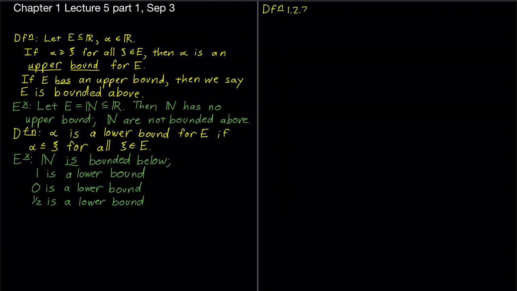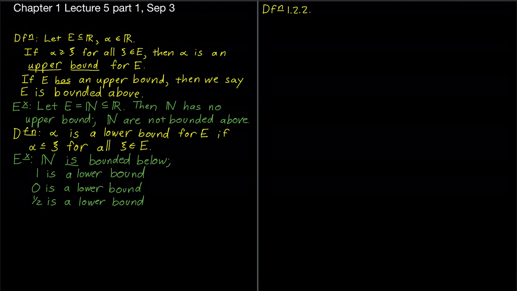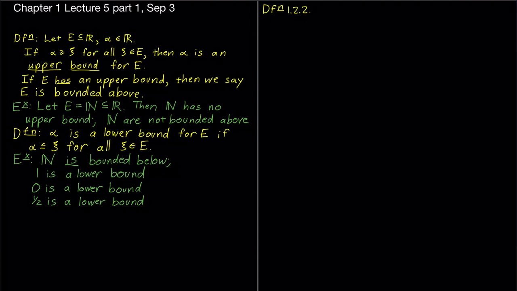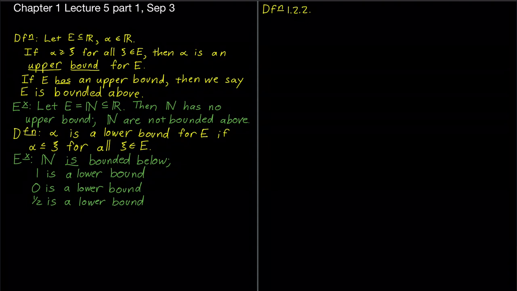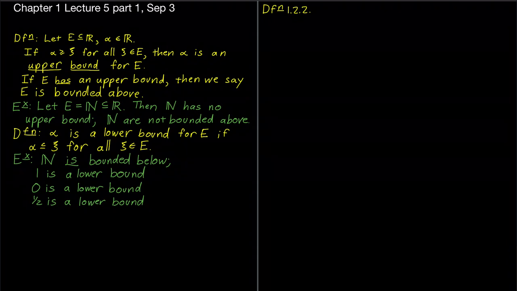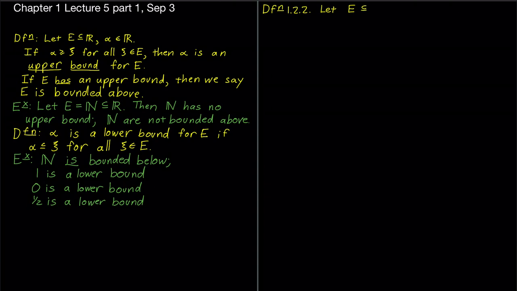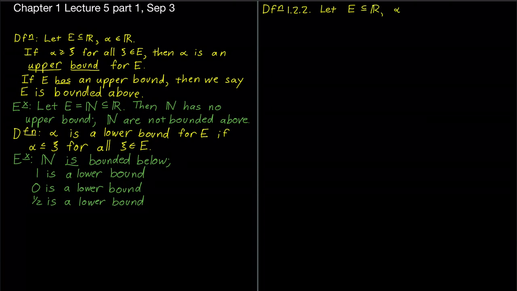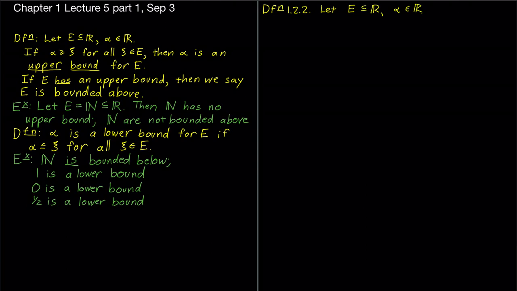So here is definition 1.2.2. I am, you notice, doing section 1.2 in a very different order than happens in your book. And there's both upper bounds and lower bounds. I'm going to write this definition out for the lower bound because we've seen that for the natural numbers, and leave it as an exercise to work out what you'd write down for the upper bound. Let's let E be a subset of the real numbers and alpha be a real number. And let's suppose the following things are both true.